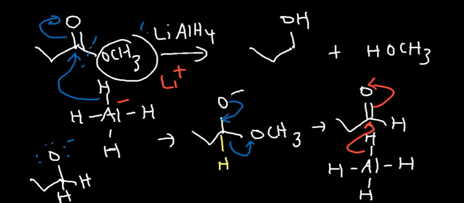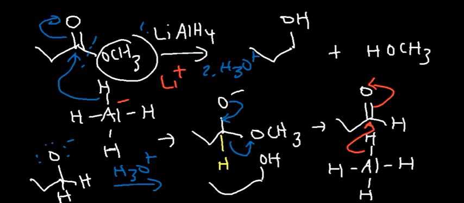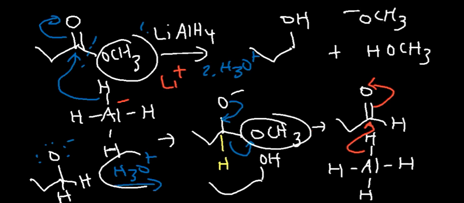And typically, step 2 would be using H3O+. Once we add H3O+, the oxygen is going to grab a hydrogen. So we now have an alcohol. And also the methoxide ion, which left as OCH3-. As soon as we put H3O+ in a solution, it's going to pick up a hydrogen and turn into methanol.